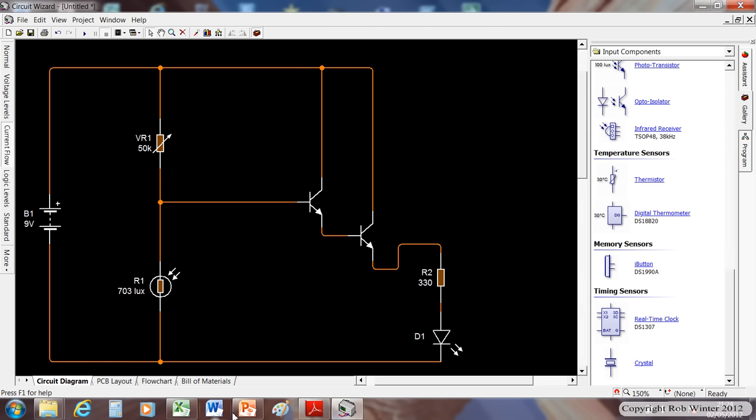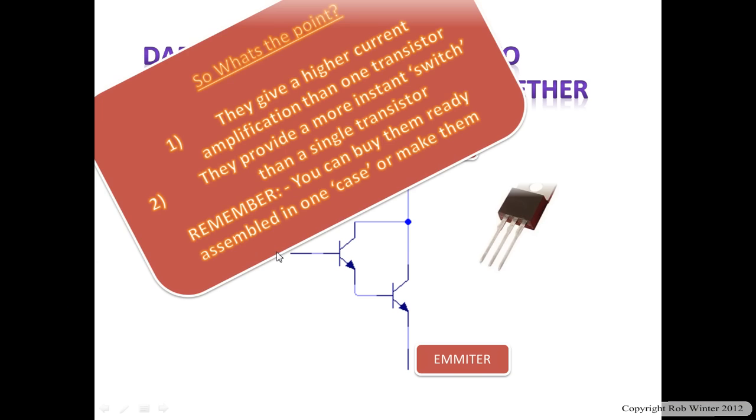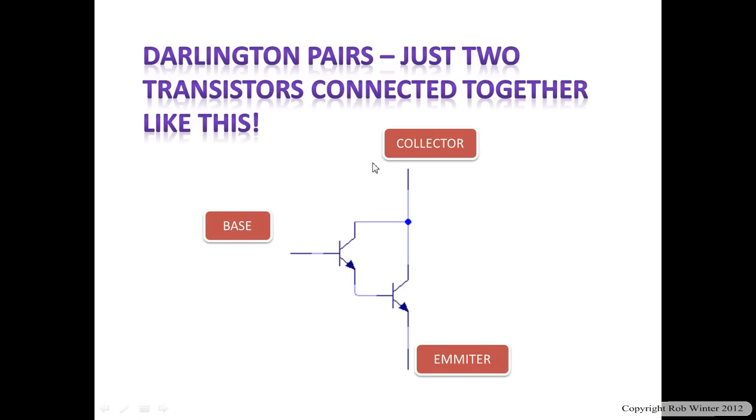One thing you need to know, and that will be in the PowerPoint, the legs are labelled the same. Remember, both collectors, this one and that one, end up going to the same place, so you just replace them with one connection. You have one emitter because the other emitter is tied up here, connected to the base of the second one, and you have one base.